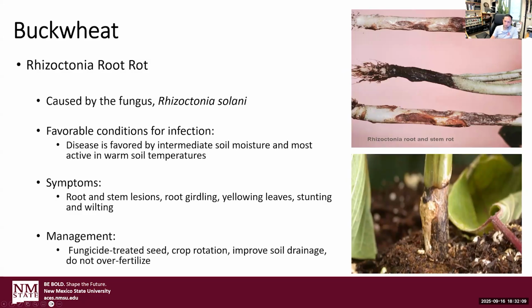You can get root girdling, which we see on this bottom picture here, so it doesn't allow water and nutrients to move up to the plants. So you get yellow leaves, stunting and wilted plants. For management, there are fungicide treated seed, crop rotation, improving your soil drainage, and not over fertilizing.